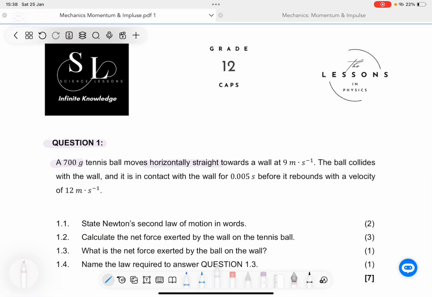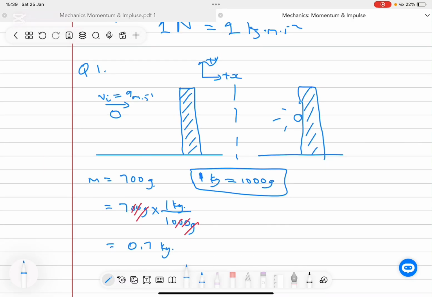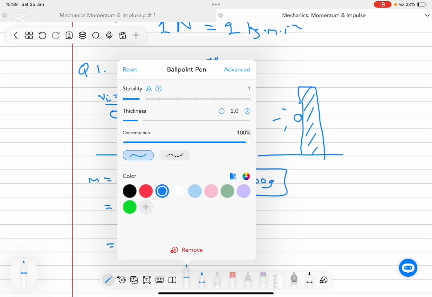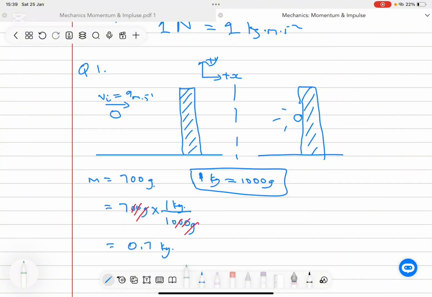And they say that it is in contact with the wall for a very small time, like 0.005 seconds, before it rebounds. So what is actually happening here is that the ball will collide with the wall and be in contact for a time period of 0.005 seconds.